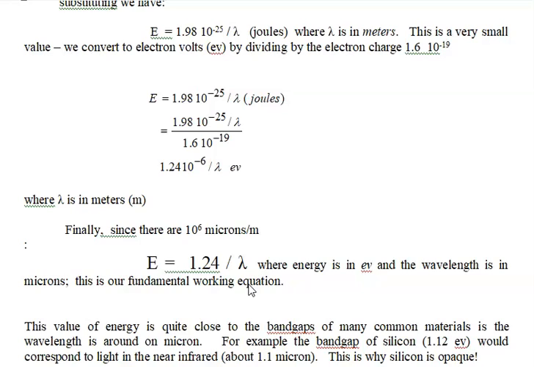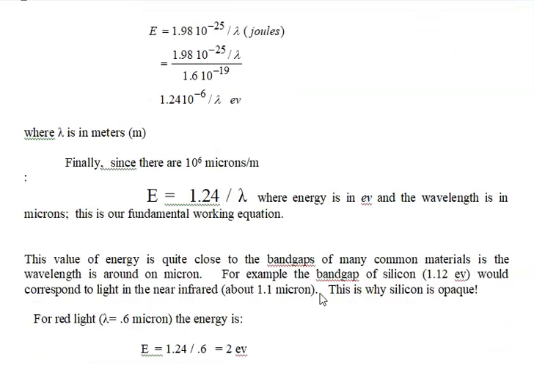The energy of light, or any electromagnetic radiation, is equal to 1.24, just a simple number, no 10 to the minus blah blah blah. It's just 1.24 divided by lambda, where the energy is in electron volts and the wavelength is in microns. And this is our fundamental working equation.